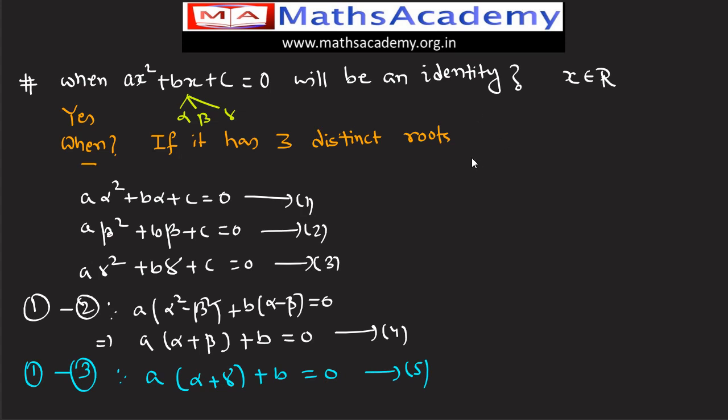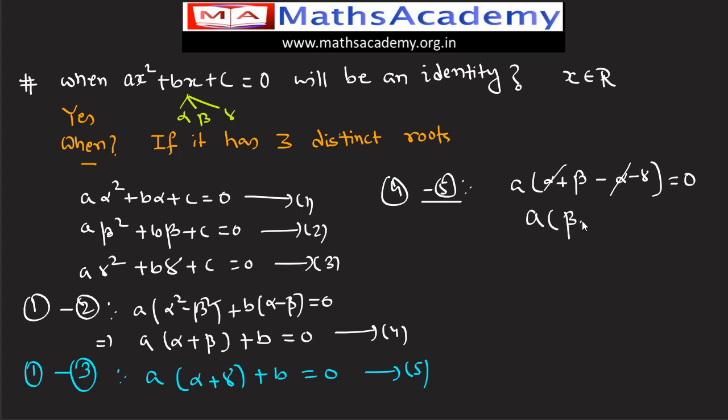So now if I subtract 4 and 5, I have a times alpha plus beta minus alpha minus gamma equal to 0. So from here we can cancel alpha and alpha. Since we considered that these three roots are different, we can say a times beta minus gamma is 0, and here alpha and beta are not equal and not equal to gamma.